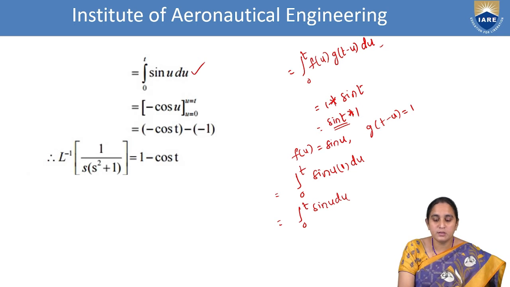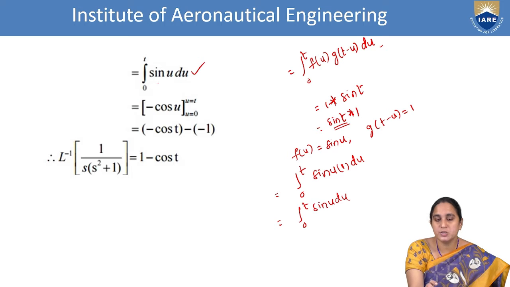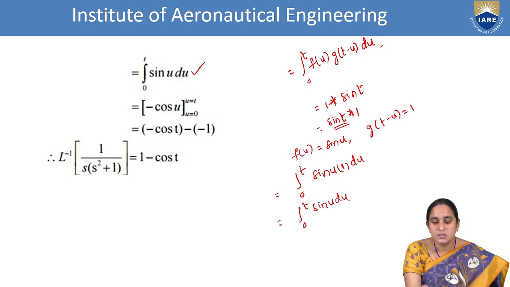Easily we got the value for this, integral 0 to t sine u du. And what about sine u integration with respect to u? That is minus cos u. Sine u integration is minus cos u and the limit points are 0 to t. Therefore, substitute the limit points here. Upper limit is t and the lower limit as 0.